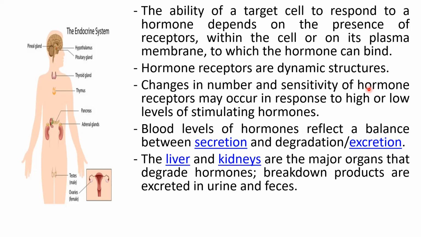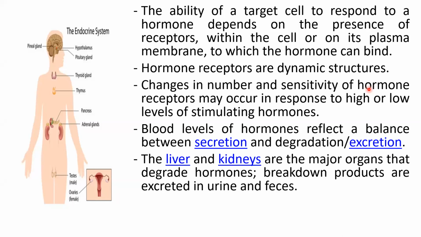Blood contains blood cells, then glucose, then hormones, and certain different types of components are present in the blood. So, there are certain hormones also present in that particular blood. Then the liver and kidneys are the major organs that degrade hormones; breakdown products are excreted in urine and feces.